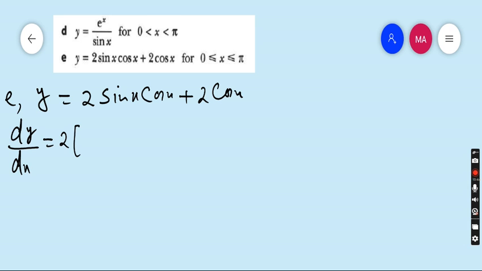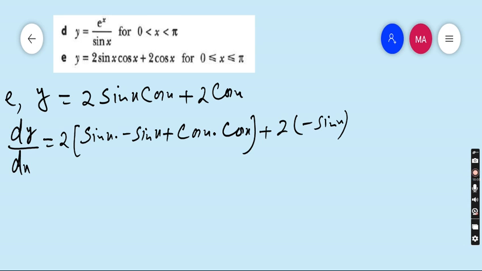2, I am going to apply the uv formula for sin x cos x. So u times cos x derivative is minus sin x, plus cos x times derivative of sin x is cos x, and plus 2 cos x derivative is minus sin x. Sin into sin is minus sin square x, plus minus minus 2 sin x.